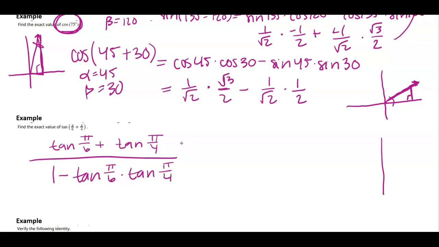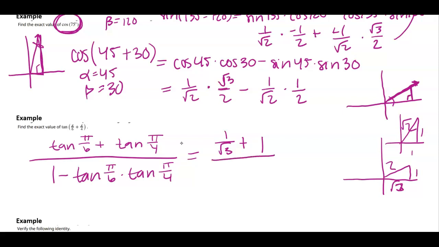All right, these are the same triangles we keep looking at over and over again. So tangent ends up being 1 over root 3 plus 1, minus 1 over root 3 times 1.